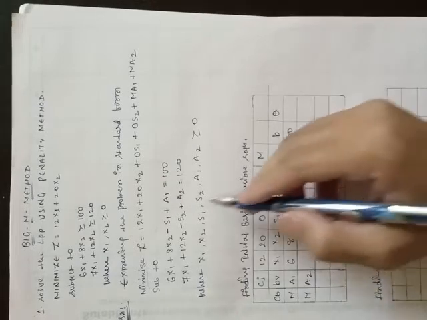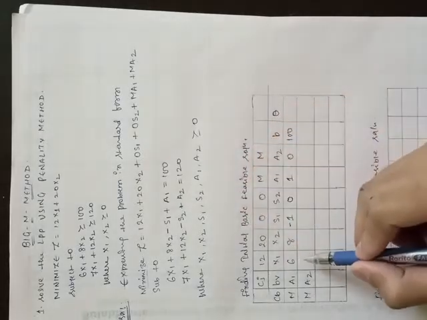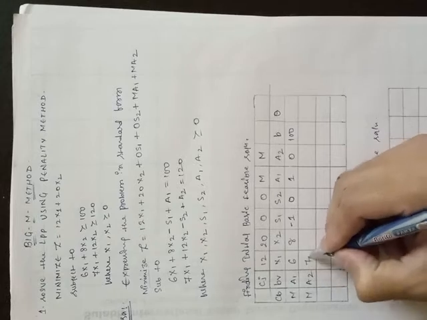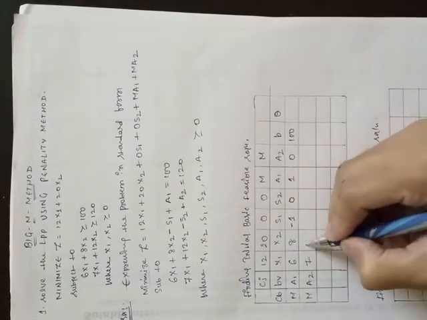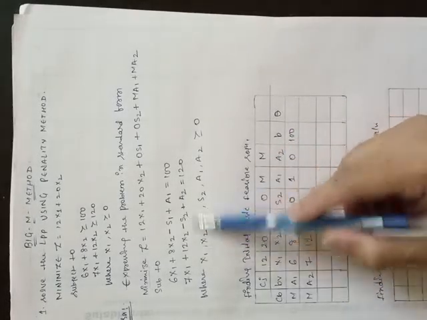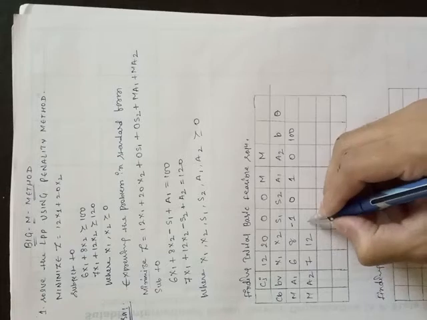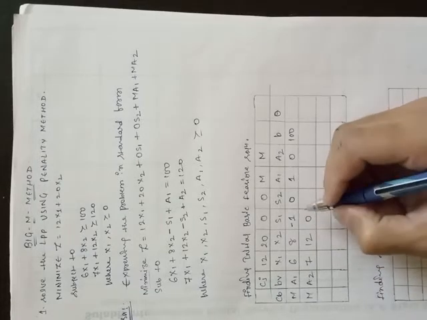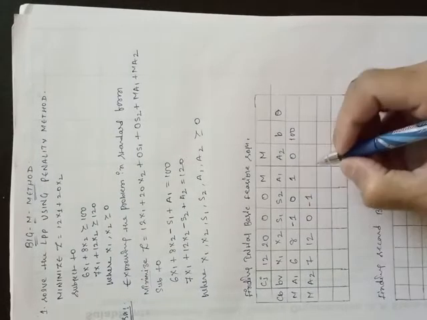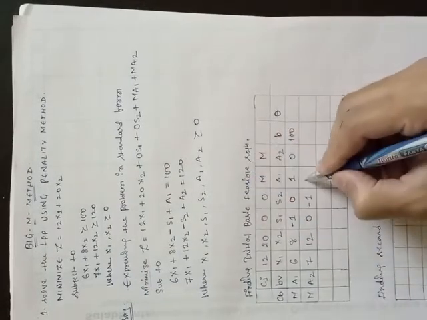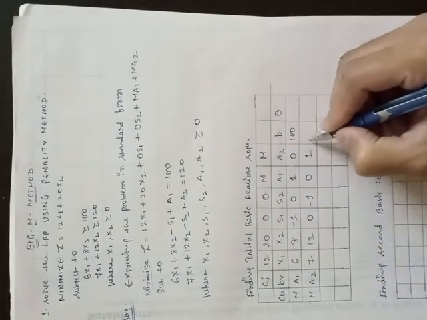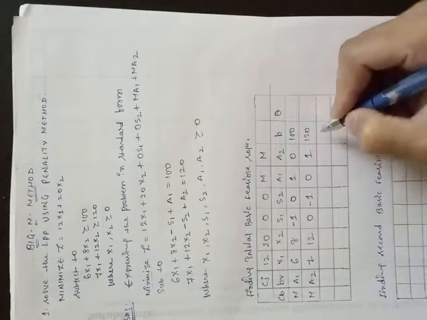Again a2 is in the second constraint. The coefficient of x1 is 7, of x2 is 12, of s1 is 0 since there is no s1 in this constraint, and s2 is -1, a1 is 0, a2 is 1, and b is 120.